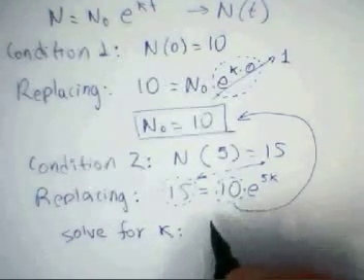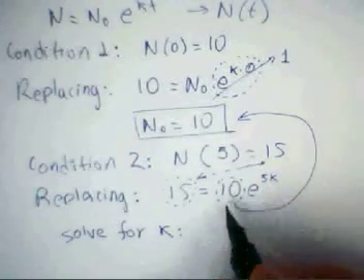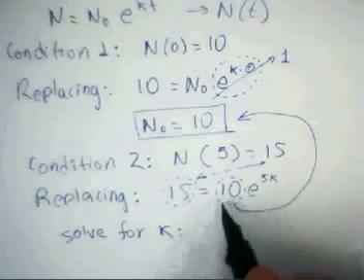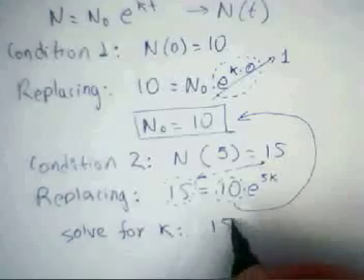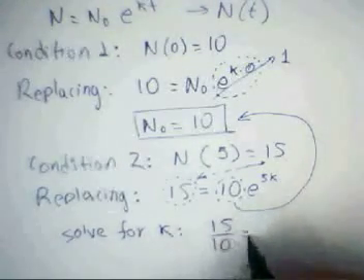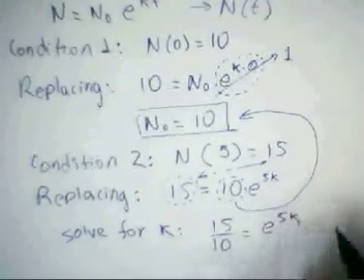Well, at this point you should know that we are going to divide both sides by 10, so we leave the exponential function alone. So we have that 15 over 10 equals e to the 5k.